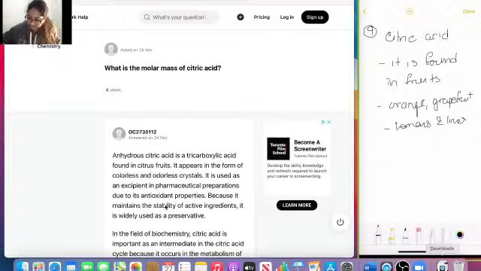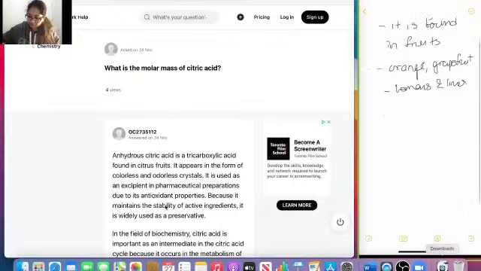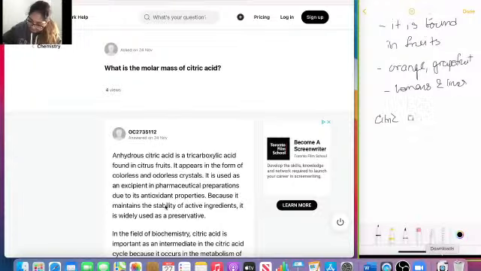Okay, and so the formula for citric acid, the chemical formula is C6H8O7. Okay, and now we're trying to find the molar mass.